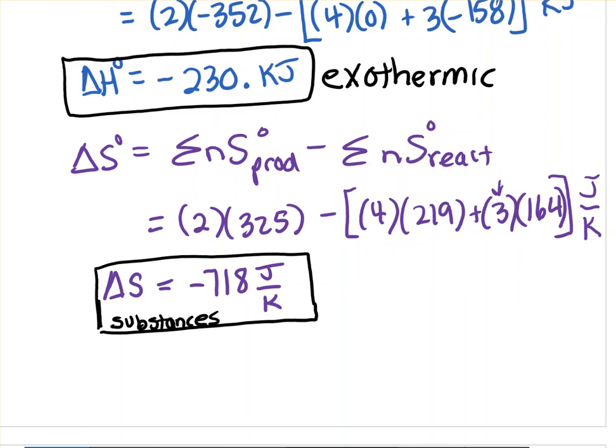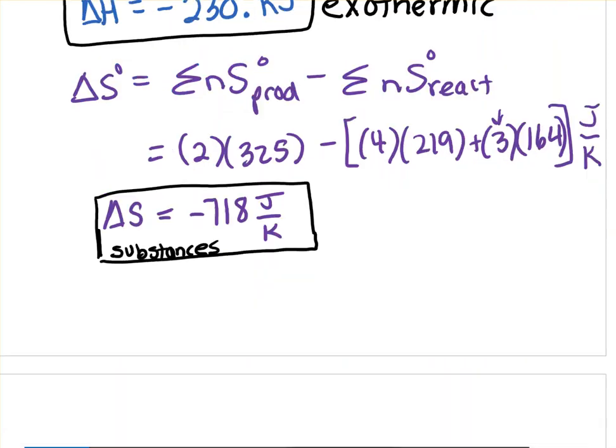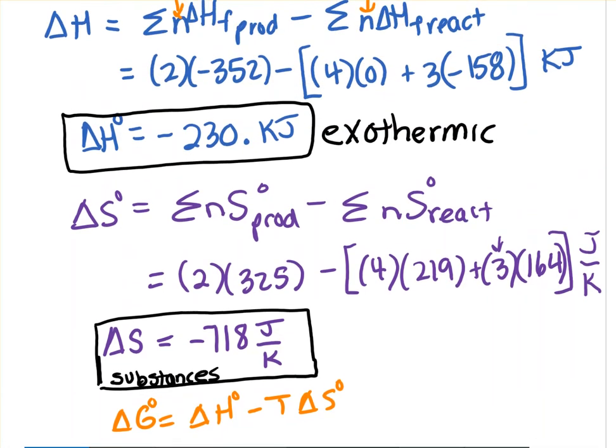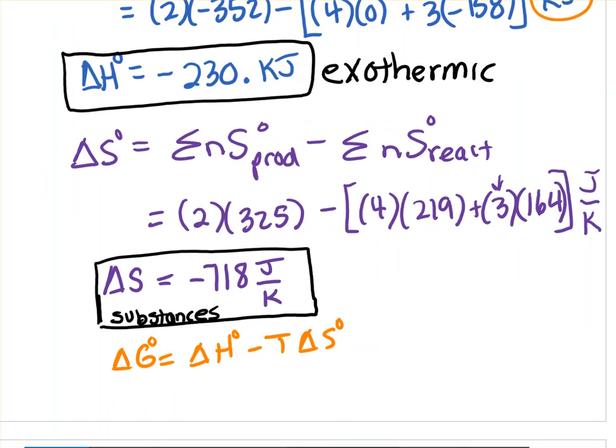Okay, let's put those together now. Something we really have to watch for is that our heats of reaction are in kilojoules, but our entropies are in joules.